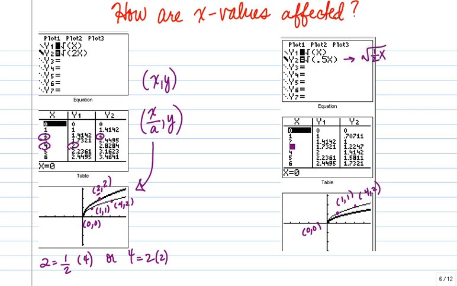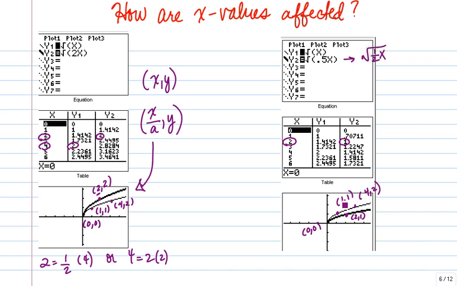Well, look, on the new graph, an x value of 2 gives me an output of 1. Because remember, we're stretching it in a horizontal direction, so it's going to take a larger value of x to produce the same result. Well, how do 1 and 2 relate?